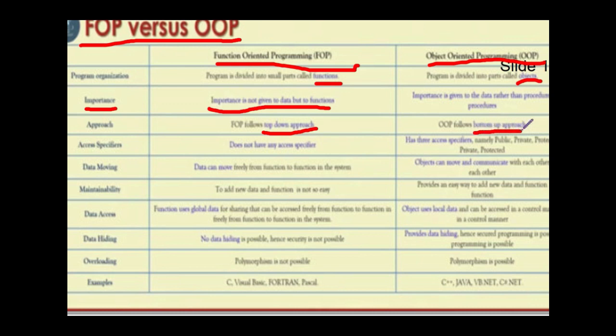Next, access specifiers: function oriented programming does not provide any access specifier, whereas object oriented programming provides access specifiers, namely public, private, and protected.